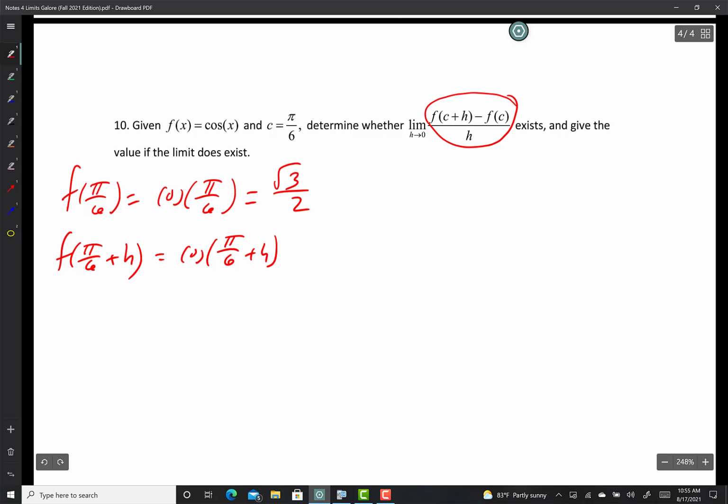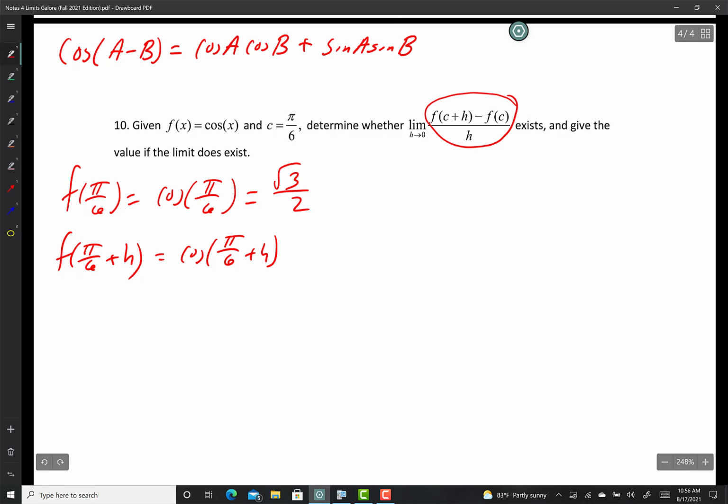Do you remember your composite argument properties? Cosine A minus B. Give me the property first.